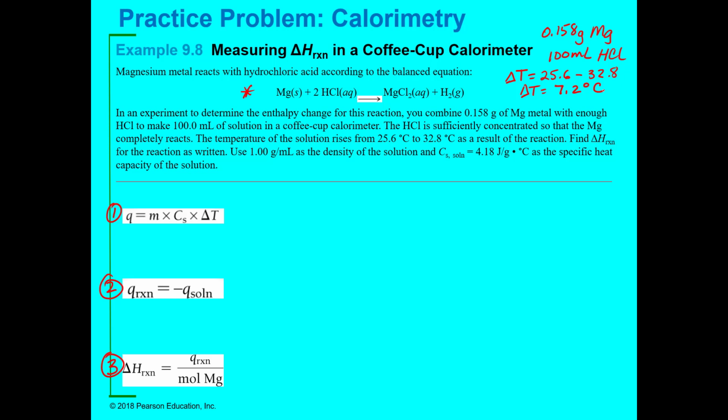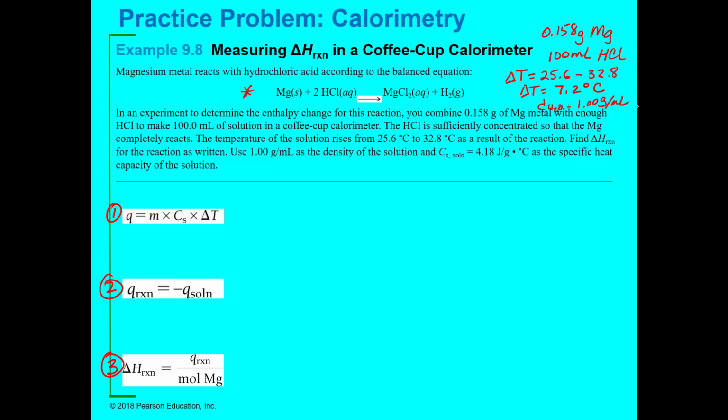It wants us to find the delta H of the reaction, and delta H of the reaction is going to be in joules, in this case, per mole of magnesium. And it also tells us that the density of water is 1.00 grams per milliliter, just in case we need that.